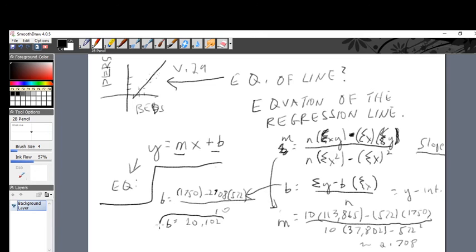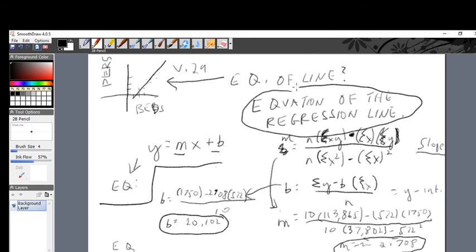Okay, so here's my B, here's my M, my slope. Where do I put them in? I put them into the equation, M and B. Here's my equation, and here's what they want: the equation of the regression line, or the line of regression. So my equation turns into y, leave y alone, get your M in there.